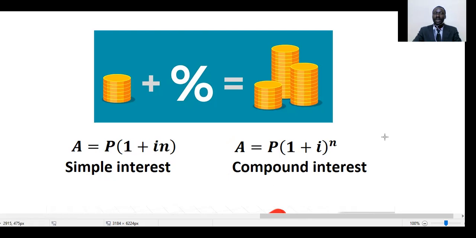Now, for this formula, P is called the principal. The money you have invested is what we call the principal. The amount of money that you will get after some period of time is what we call A, the amount accumulated after some period of time. That period of time is denoted by letter N.